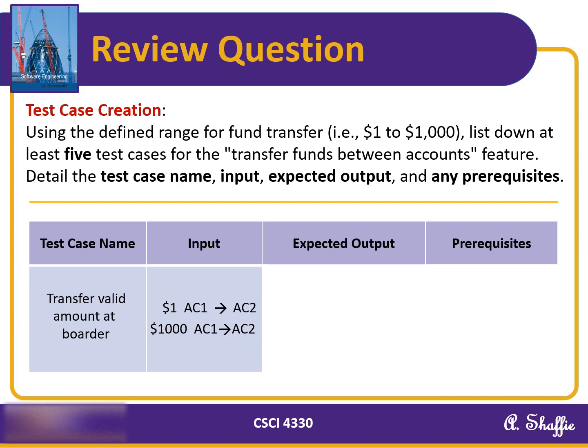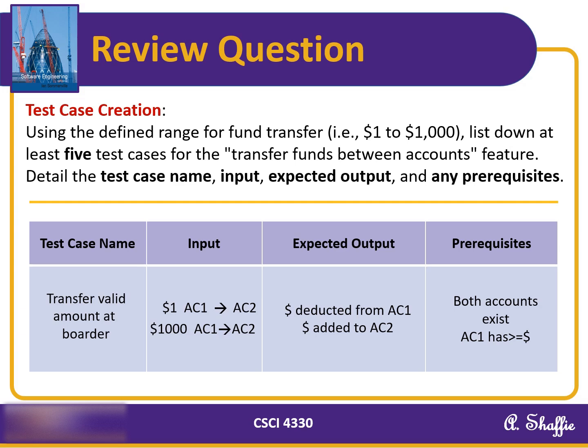The expected output is that the system will correctly deduct the transferred amount, either $1 or $1,000, depending on how much you transferred, from the first account and add it to the second account. The prerequisites for this test case are the same as the previous one.